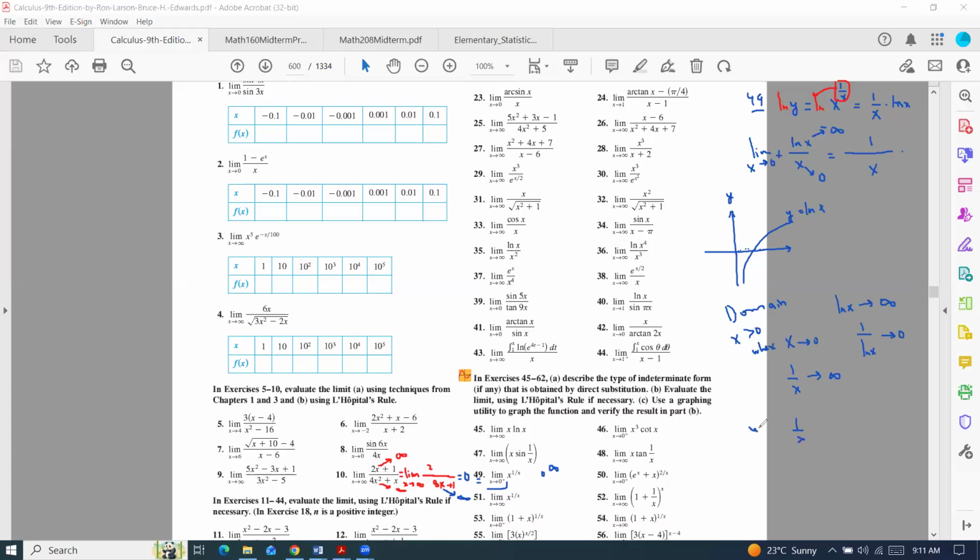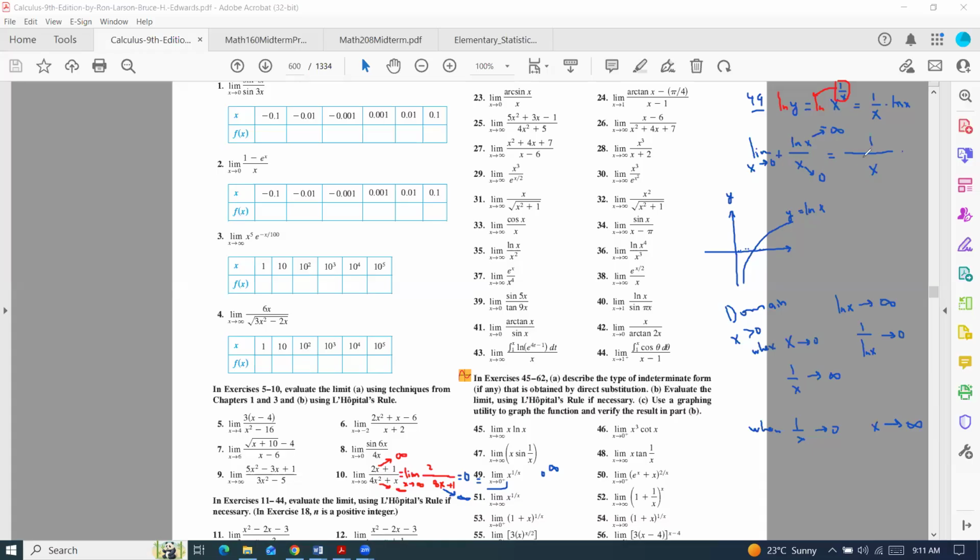When 1 over x approaches 0, then x will approach infinity. So I'm trying to rewrite it as a fraction, and the fraction should have infinity over infinity or 0 over 0, so I can use L'Hopital's rule to work out the indeterminate form.